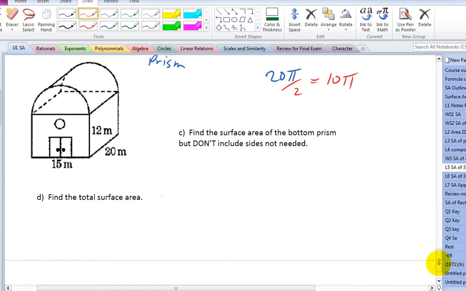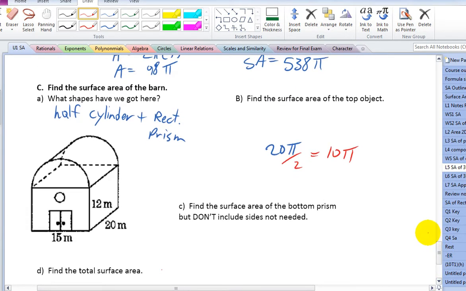Okay? So let's go back up here to the cylinder, so the half cylinder, find the surface area of that one. Same, divided by 2.